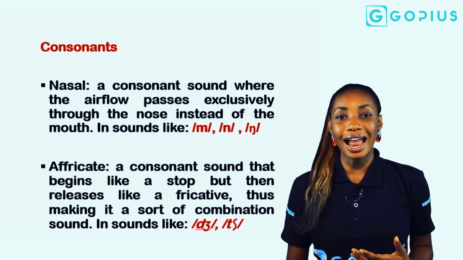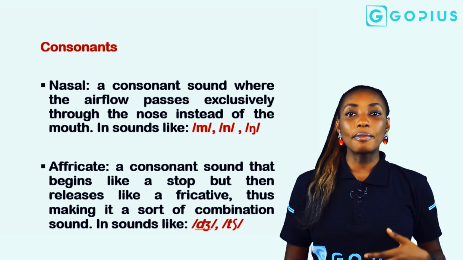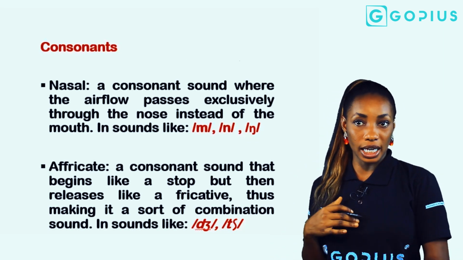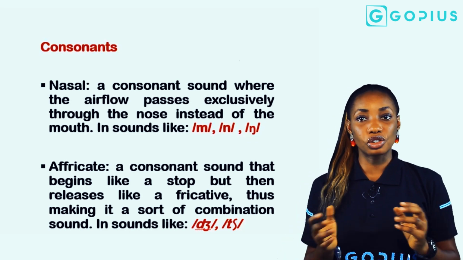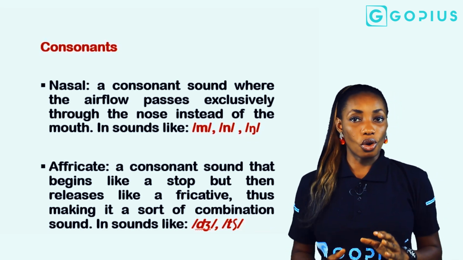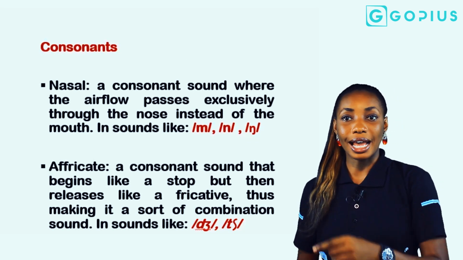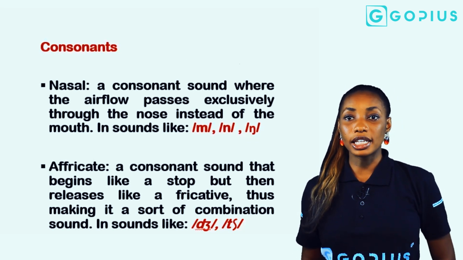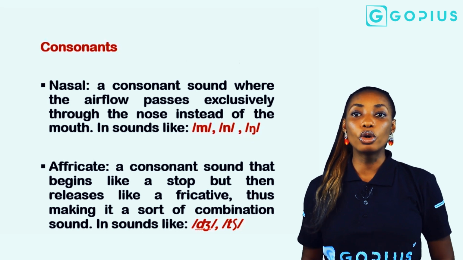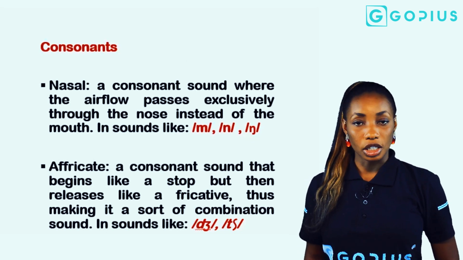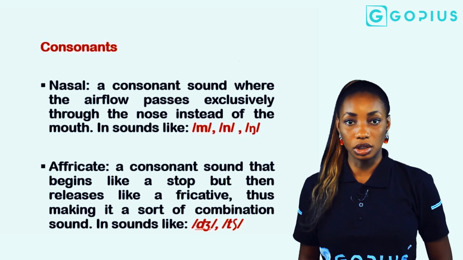Okay? The next is the affricate. A consonant sound that begins with a stop but then releases like a fricative, thus making it a sort of combination of sounds. You can see here we have the stop for the first sound. For the first sound here, you can see that it's composed of the d sound and the sh, g, g, g.